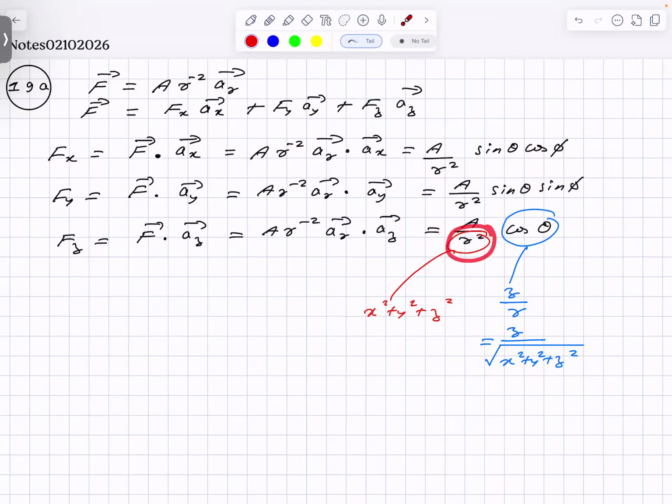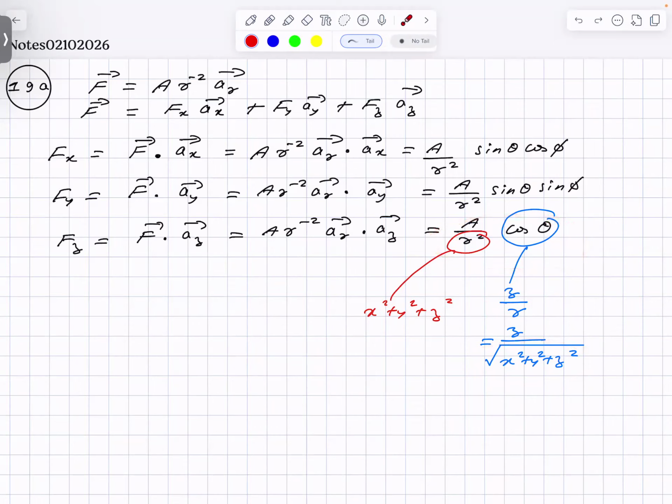For r squared, we have the direct formula. It is x squared plus y squared plus z squared. For cosine theta also, there is a kind of direct formula. It's because cosine theta is z by r, and for r we have the formula. So these two we can transform easily.